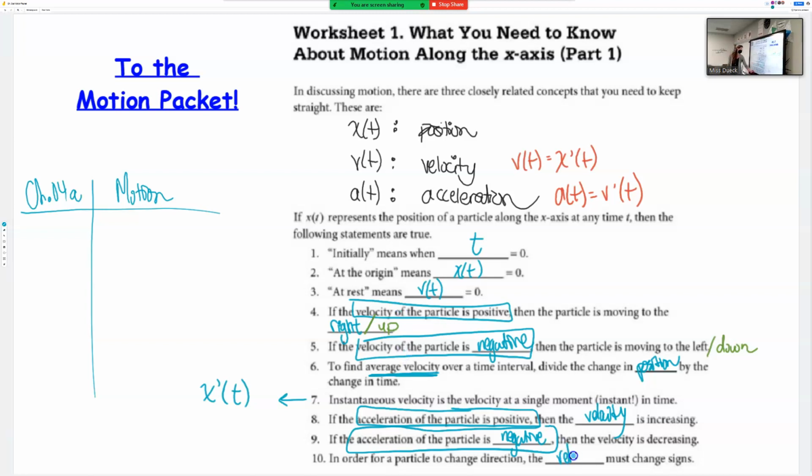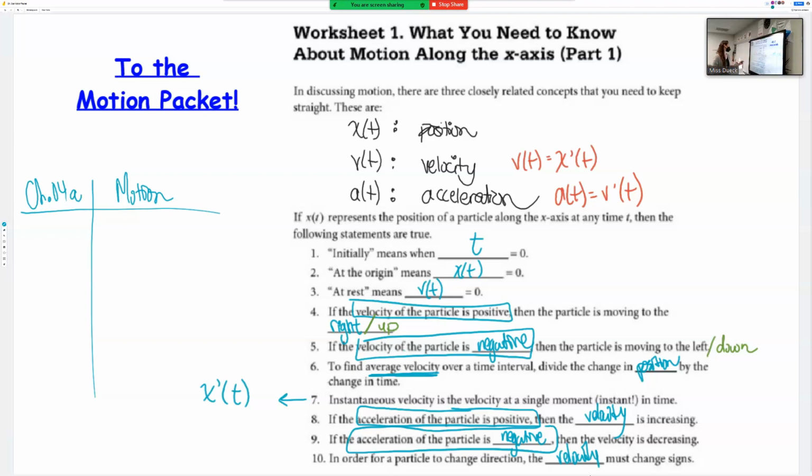Turn in your packet to the very first page, and what do you see? Do you see all the answers to what we just wrote down? Time is equal to 0, position is equal to 0, speed is equal to 0.